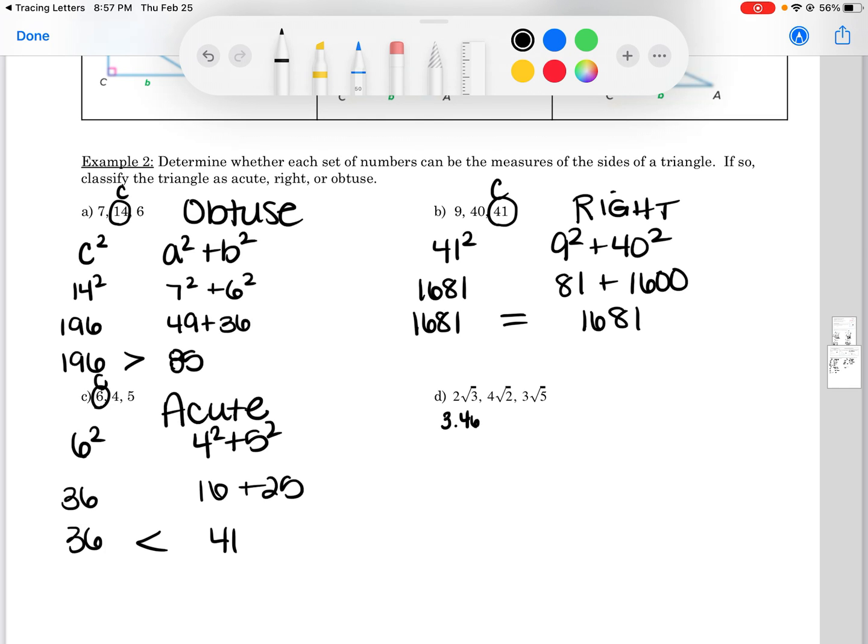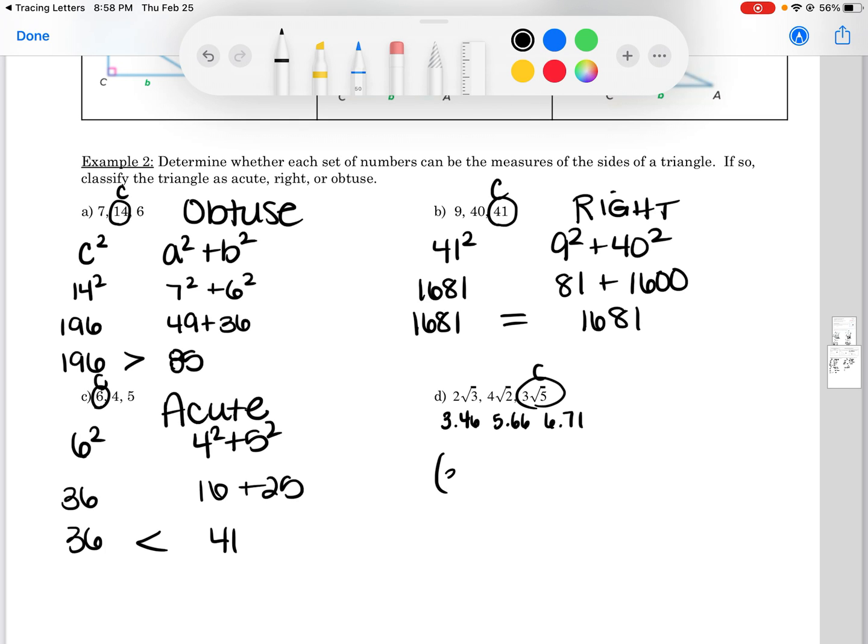Let's see, the 4 square root of 2 is about 5.66, and 3 square root of 5 is about 6.71. Okay, so this is going to be our largest. 6.71 is bigger than the others. Okay, so that's my C.